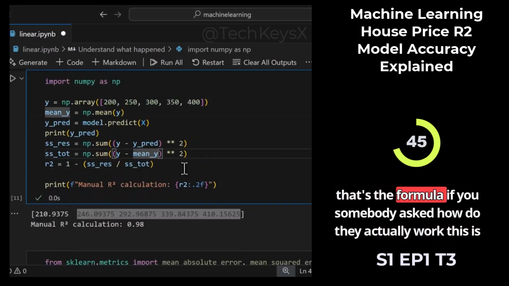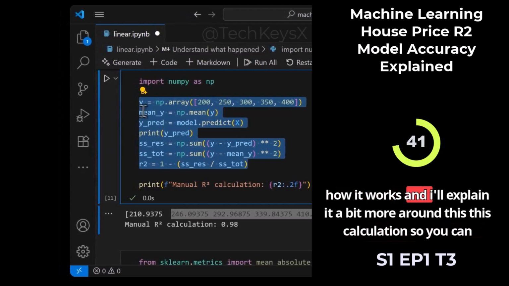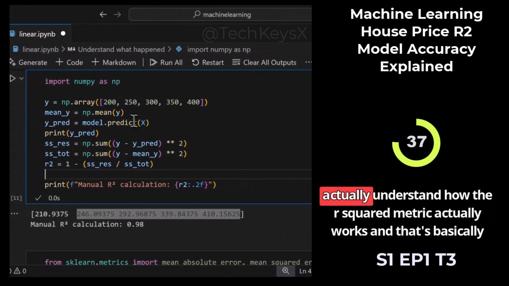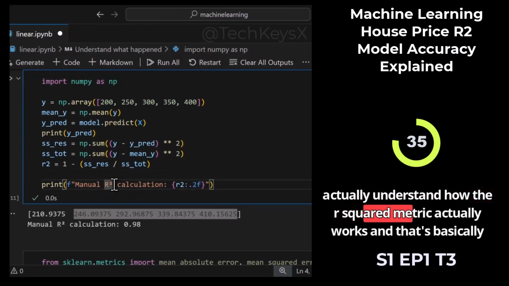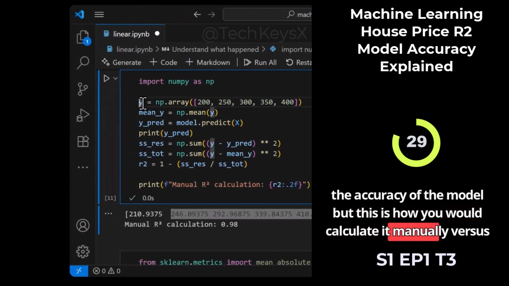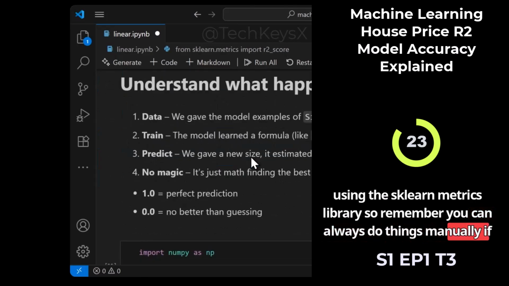So that's the formula. If somebody asked how does it actually work, this is how it works. And I'll explain it a bit more around this calculation so you can understand how the R squared metric works. And that's basically the accuracy of the model. This is how you would calculate it manually versus using the sklearn metrics library. So remember, you can always do things manually if you wanted to.